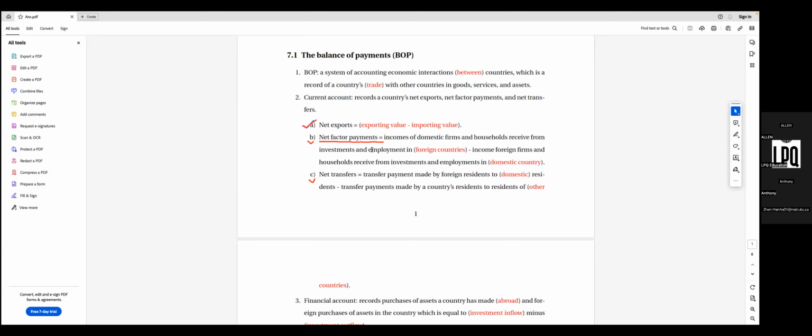Canadians are making money from the USA, so the money is flowing to Canada. So this part actually is a formula, with a minus.